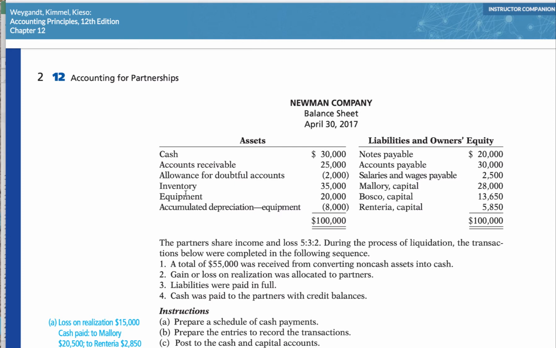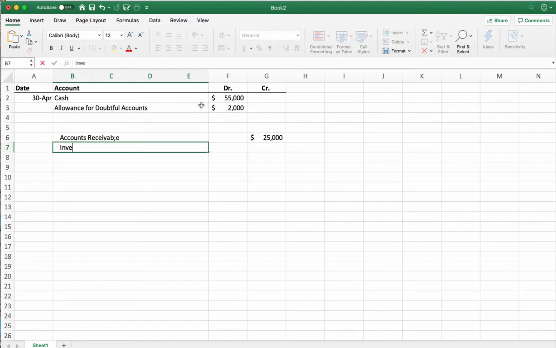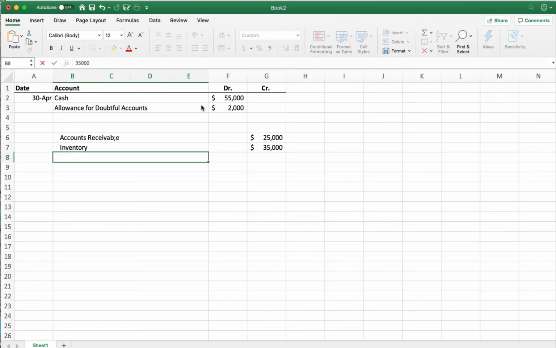Next thing we're getting off the books is our inventory. Inventory's on the books for $35,000. So I need to credit inventory for the amount that it's on the books for, $35,000. Now remember, what we're doing here is liquidating the partnership.